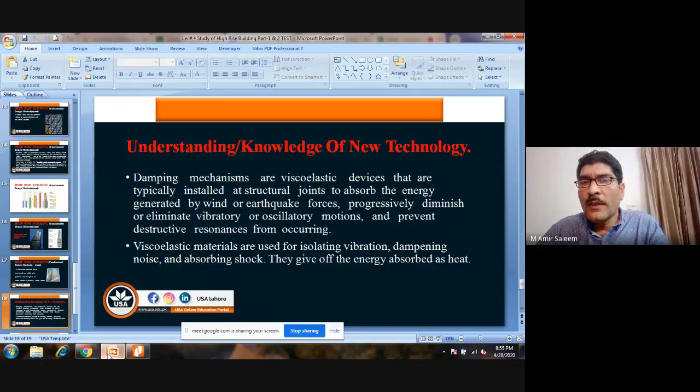So when the force or stress is applied on it, the material will absorb the pressure of stress created by the wind or the earthquake. They absorb it and make it safe from any destruction.